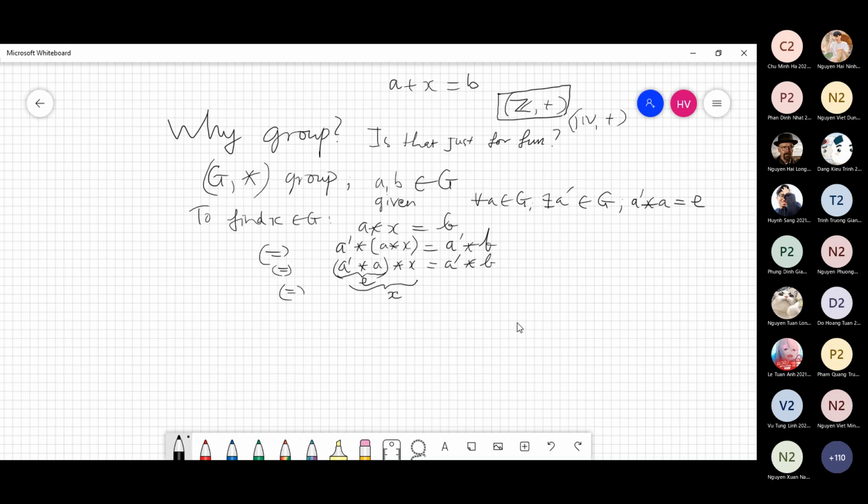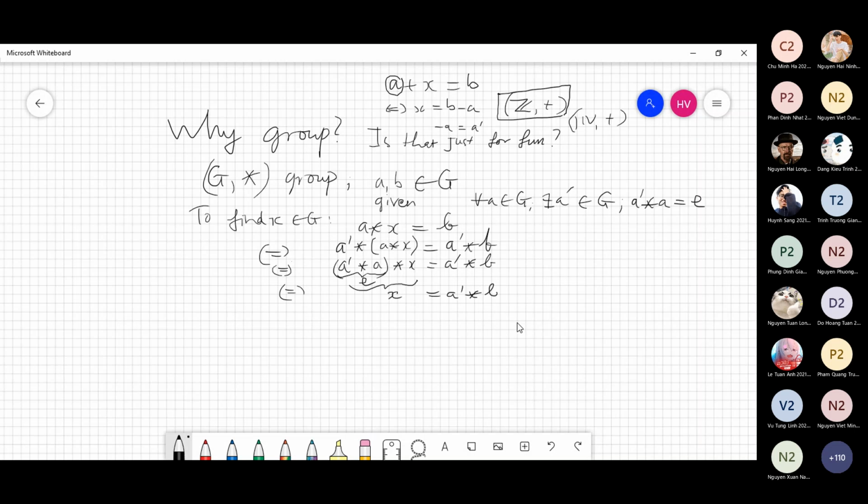Then at the end you can compute x, the same way as what you did with addition here. So this minus A is the inverse, the opposite of A. So minus A is actually A'.